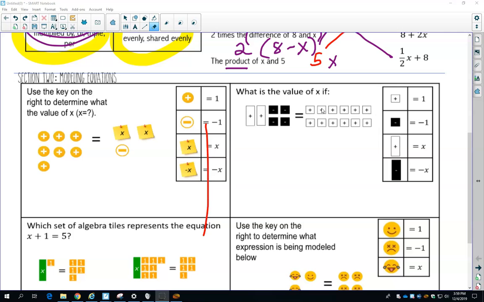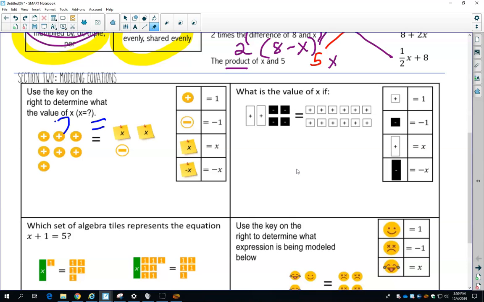Now we've got modeling equations. Get rid of this line here. So modeling equations, if we start with the first one, on the left side, if we count those, we have 1, 2, 3, 4, 5, 6, 7.